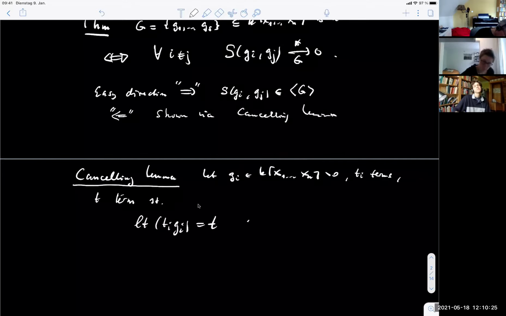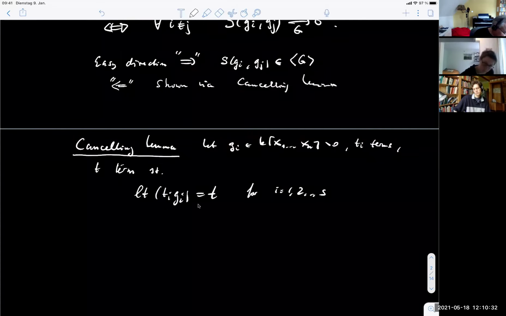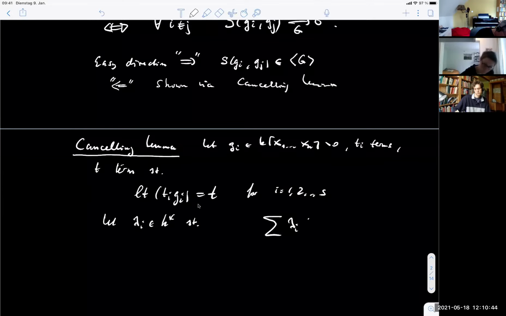So they all have the same leading term, and now I take a linear combination, with coefficients such that when I form this linear combination, the term T cancels.